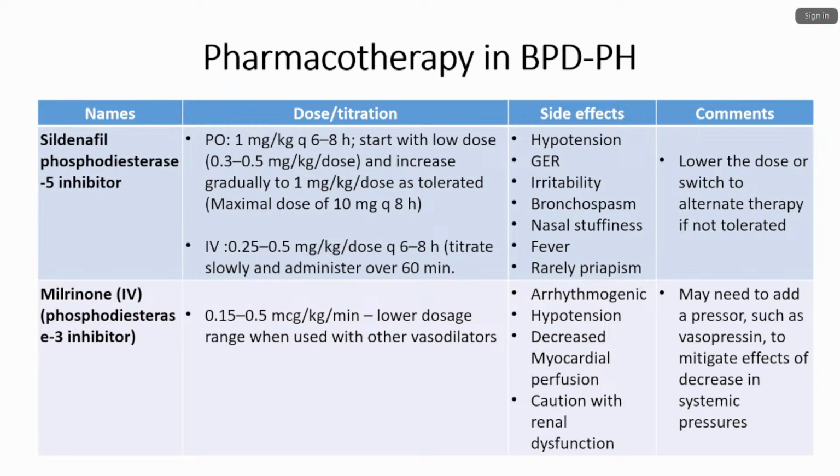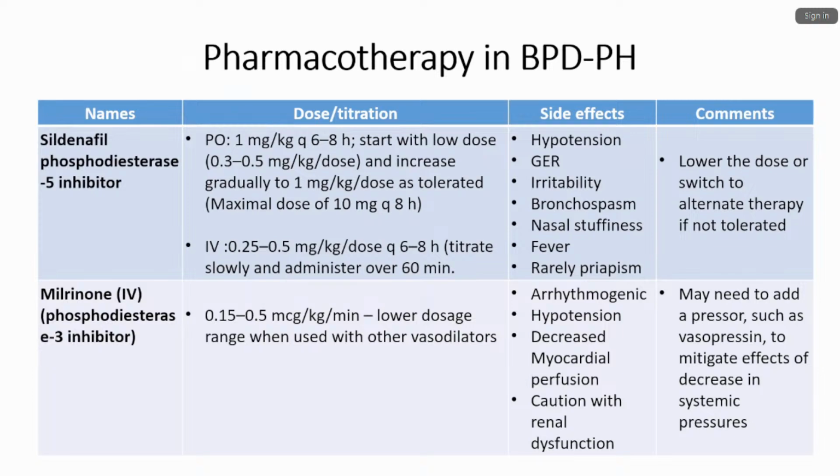The side effects of sildenafil are hypotension, GERD, irritability, bronchospasm, nasal stiffness, fever, and rarely priapism. Lower the dose or switch to alternate therapy if not tolerated.